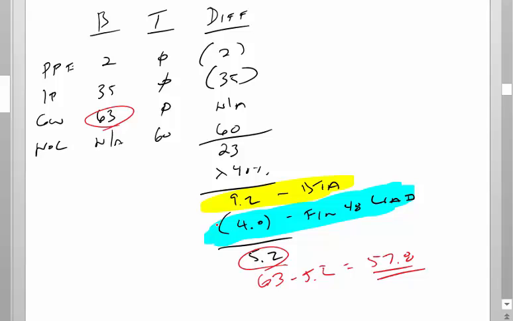It depends whether this exposure of 4.0 can be offset with this NOL. So, let's say the 4 is for not paying state taxes, but this NOL, let's say it's federal.